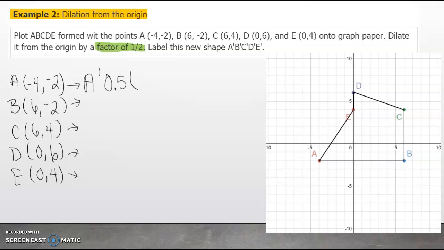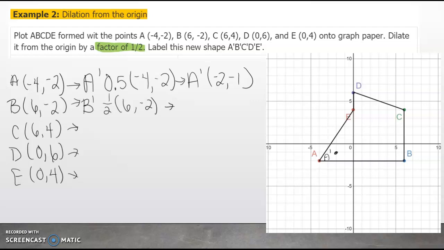So if I multiply 1/2 times negative 4, negative 2, well, half of negative 4 is negative 2, and half of negative 2 is negative 1. So A prime will be here at negative 2, negative 1. Again, we can keep it as a fraction if we wanted to.